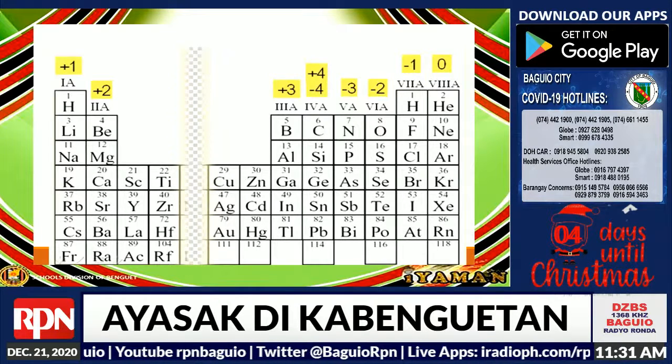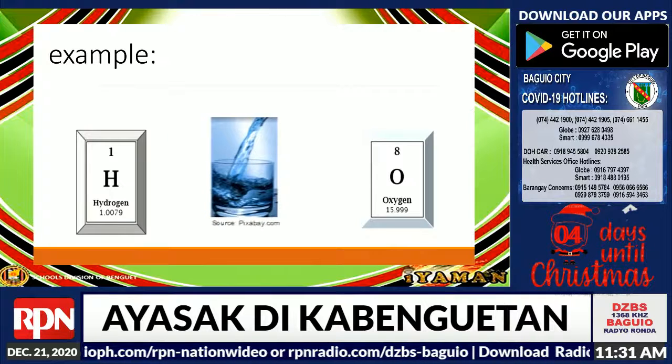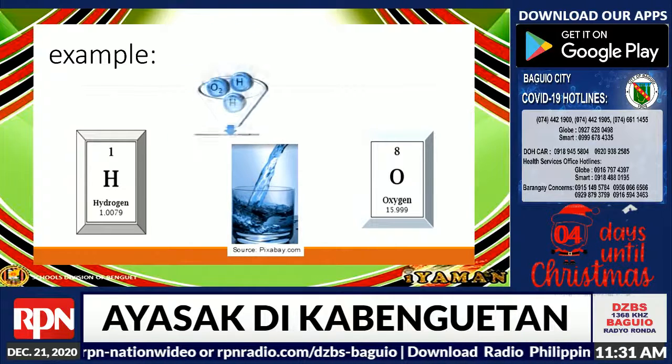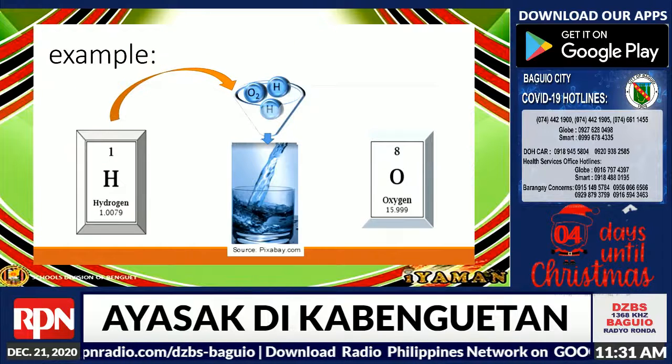Another example of an element that comes from family 1A is Na, or sodium. It has an atomic number of 11, but it can only donate 1 electron, as indicated by positive 1 above the column.